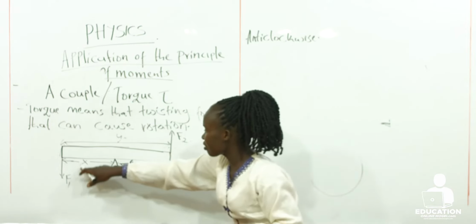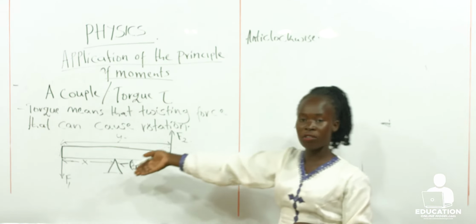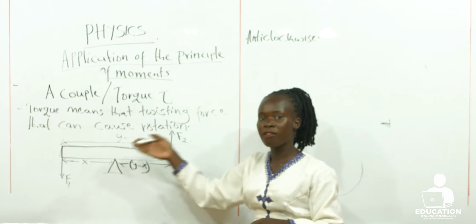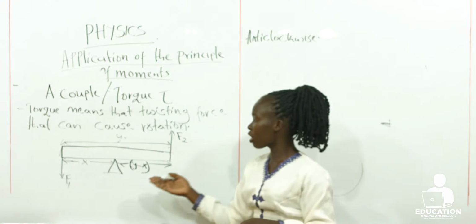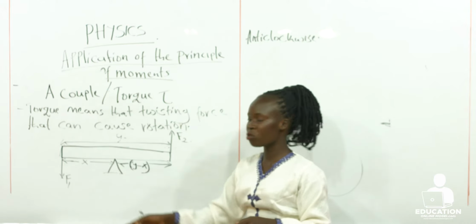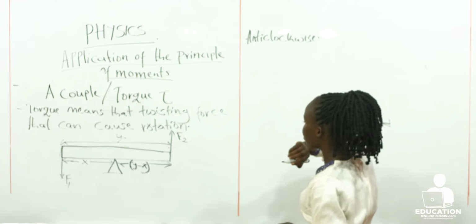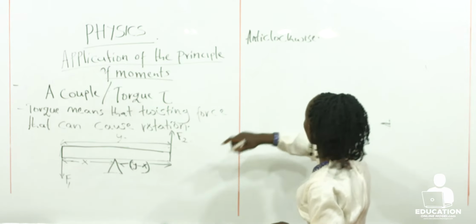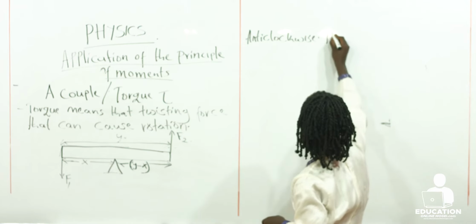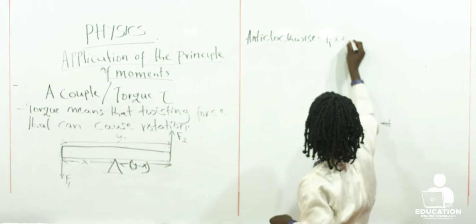This force has its distance there. We say the moment of a force is the product of the force and the perpendicular distance from the line of action. So our reference there is going to be our fixed point, which is the pivot. So for our anti-clockwise direction, we take the moment due to force 1. We shall have it as F1 times x.